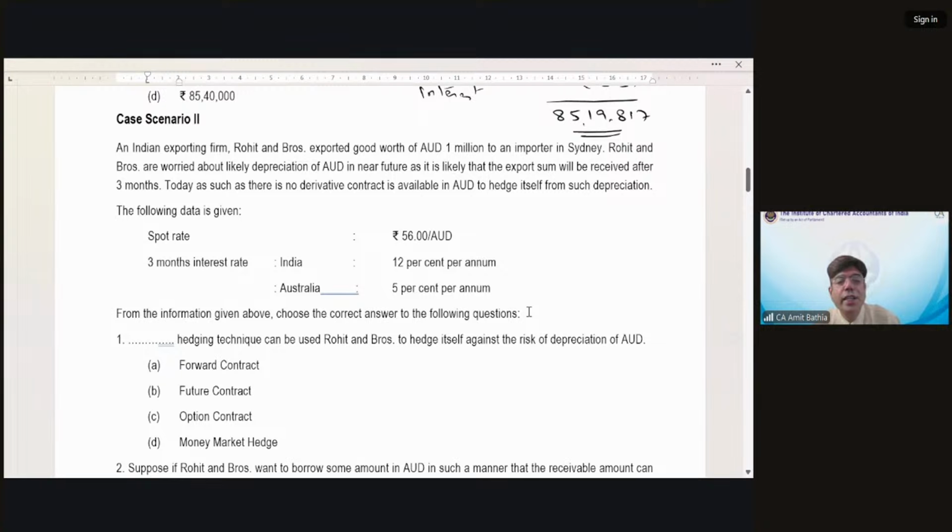So which hedging technique can be used by Rohit and Brothers to hedge itself against the risk of depreciation of AUD? Options are forward contract, future contract, option contract, or D, money market hedge.